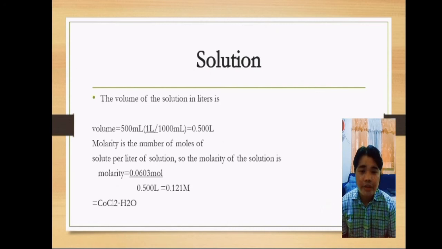The volume of the solution in liters is 500 mL, so 1 liter over 1000 mL gives 0.500 liter. Molarity is the number of moles of solute per liter of solution. So the molarity of the solution is 0.0603 mole over 0.500 liter, which equals 0.121 M, or 0.121 molarity, of CoCl2·2H2O.